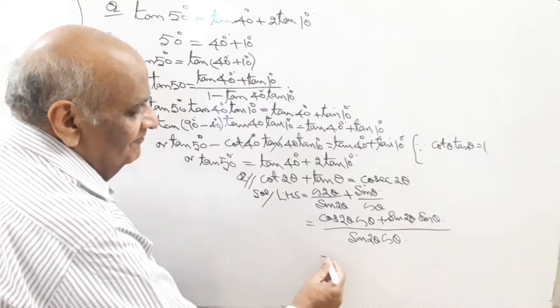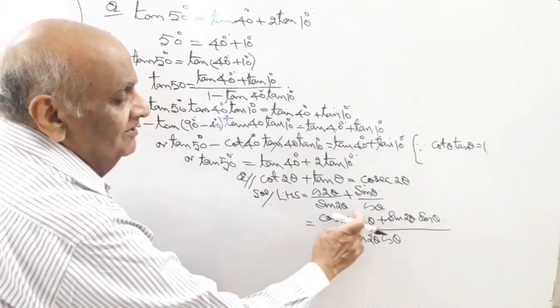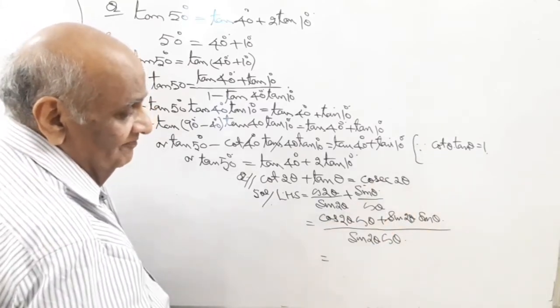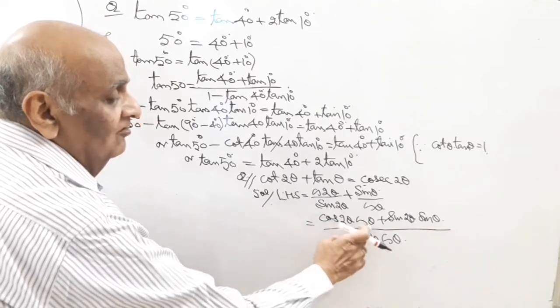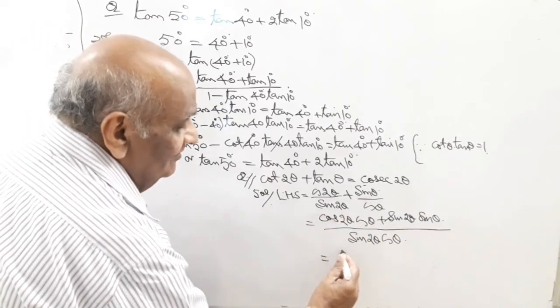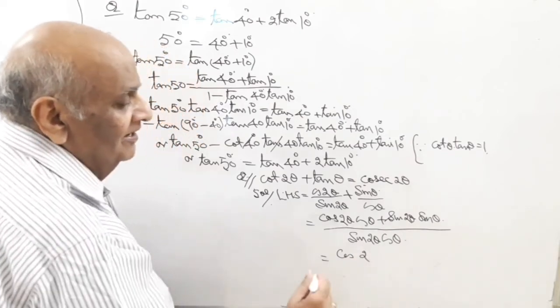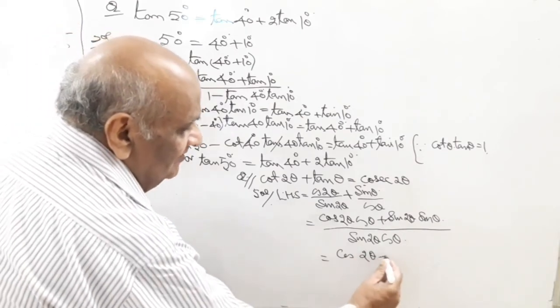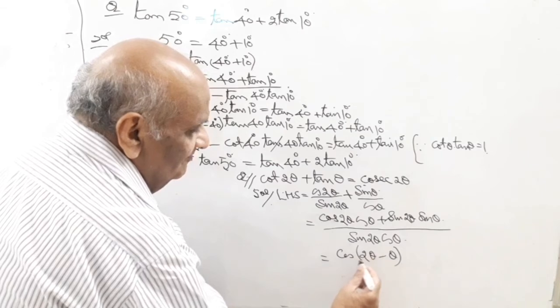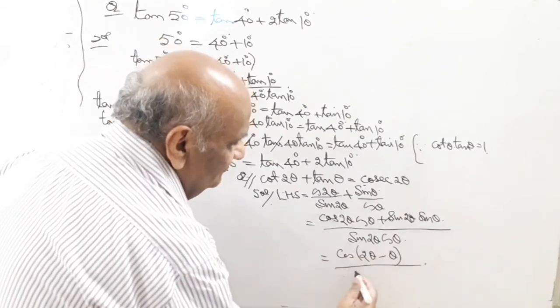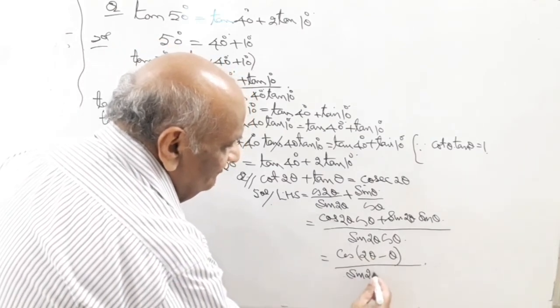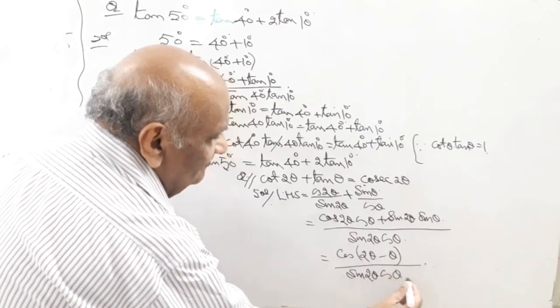Now see, the formula cos A cos B plus sin A sin B is cos of (A minus B). It is cos of (2 theta minus theta) upon sin 2 theta cos theta.